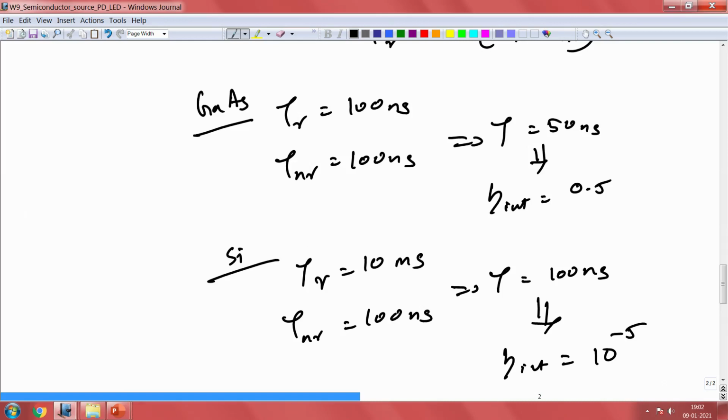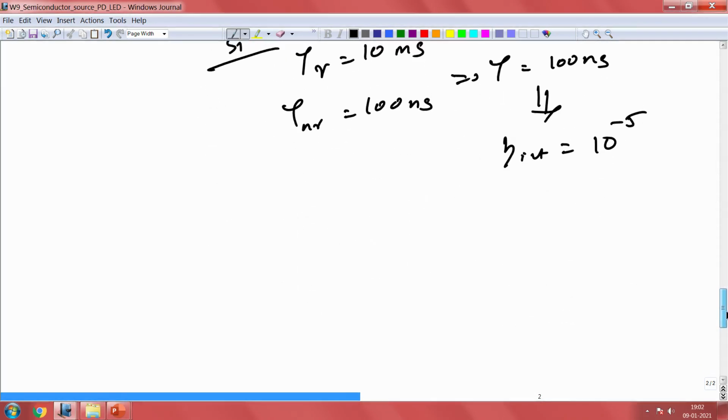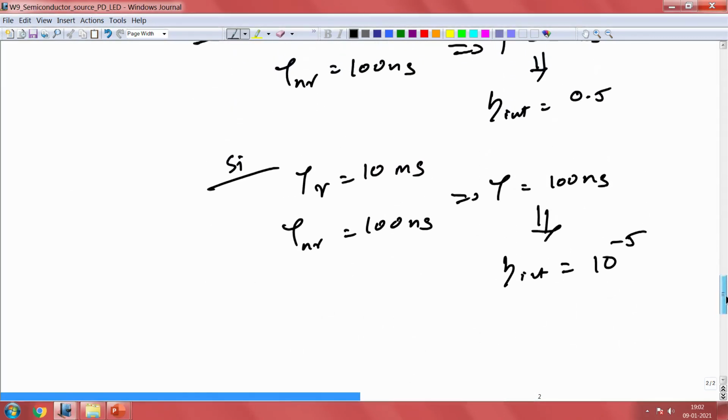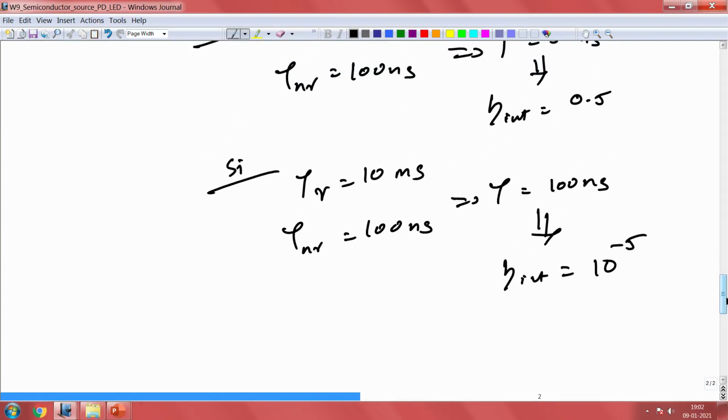So, we need to make sure that you use a direct band gap material, at the same time your radiative lifetimes are low enough in order to enable light generation in the system. Okay. So, the internal quantum flux that we saw here depends on your internal quantum efficiency, but at the same time we need to also look at the carrier generation here as well.